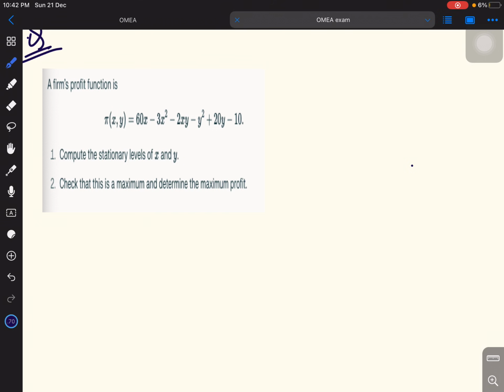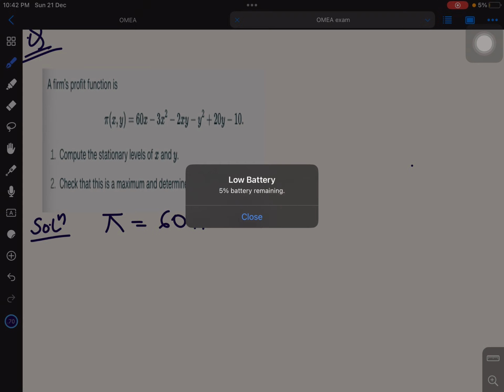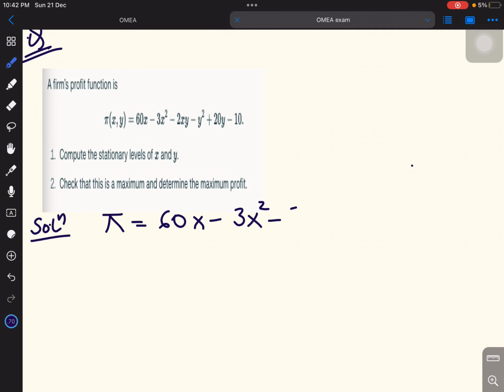Now what we are going to do is first write out our profit equation. So this is the solution of it. Pi is 60x minus 3x square minus 2xy minus y square plus 20y minus 10.